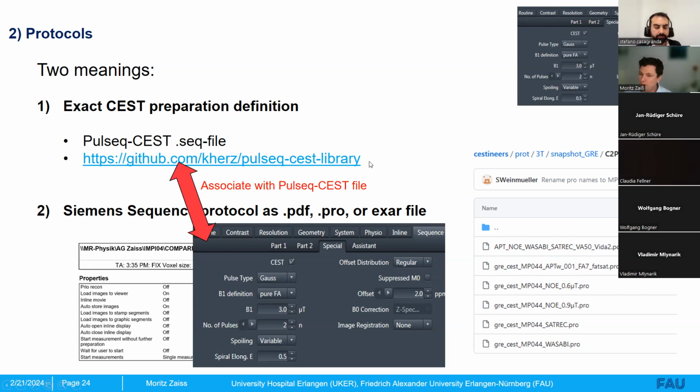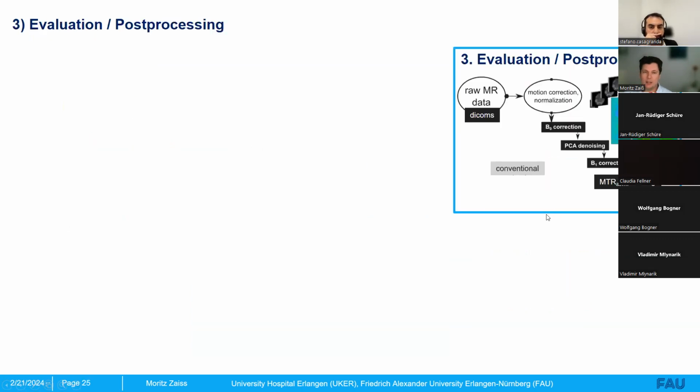So if you write a paper, you can even cite directly this pulse-CEST library entry, which is the exact definition in Pulseq. You can make a plot from there. So if reviewers ask about what did you actually run, you can give a very, very clear answer with linking to the pulse-CEST library.